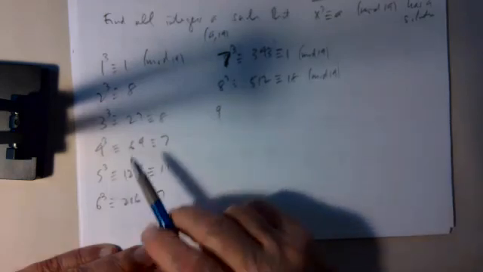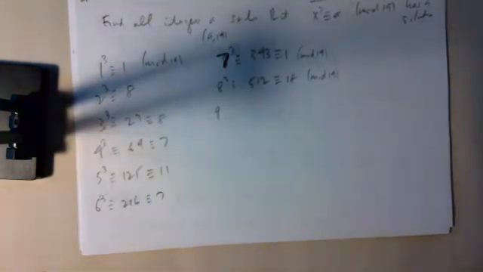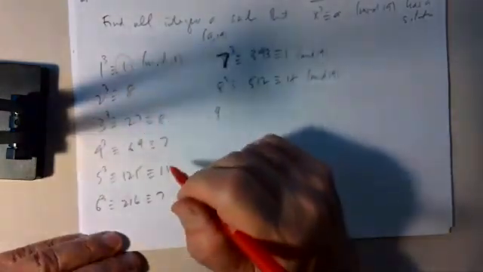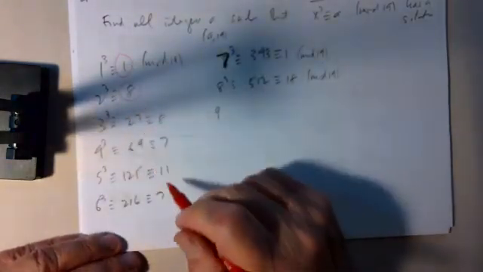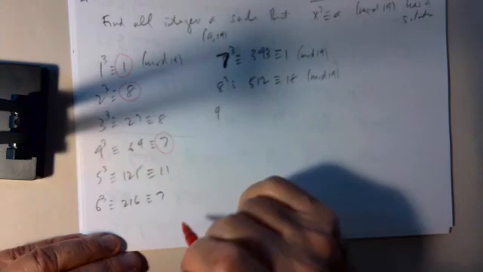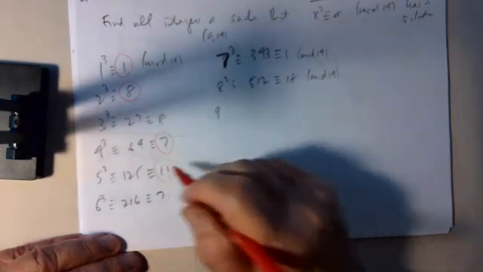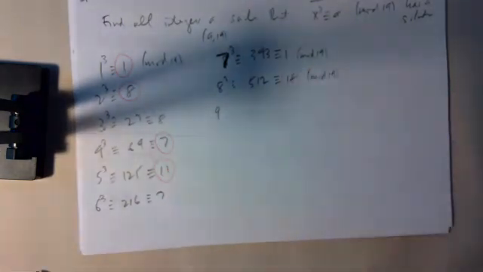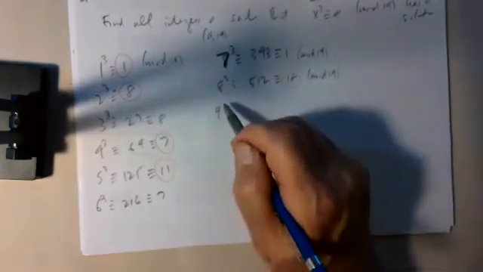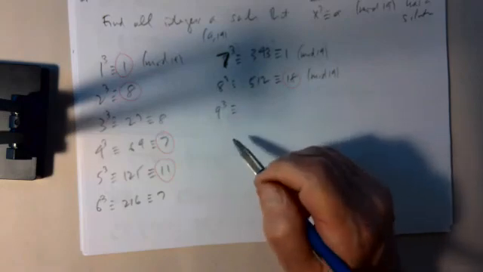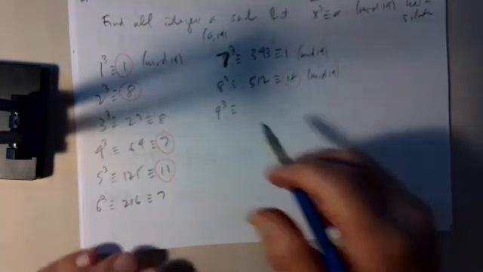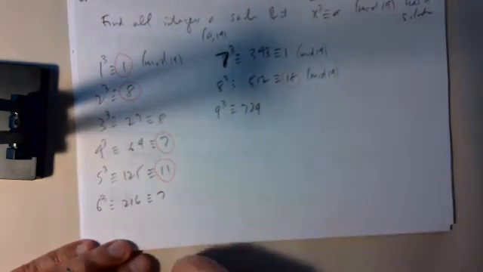So far, what numbers do we have? We have 1 is a cubic residue, 8 is a cubic residue, 7 is a cubic residue, 11 is a cubic residue, 18 is a cubic residue. What about 9 cubed? That's 729.